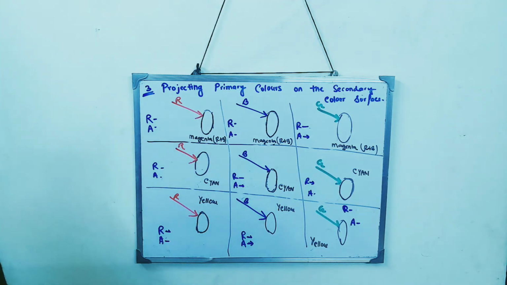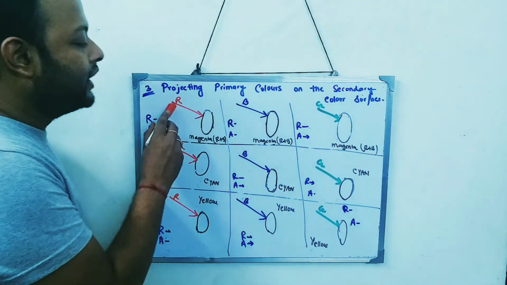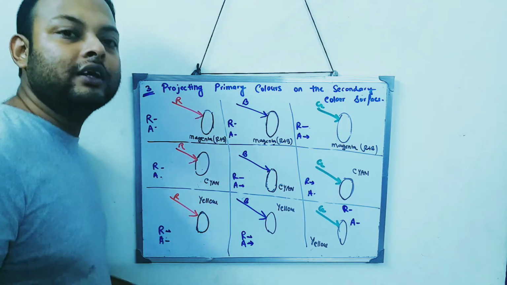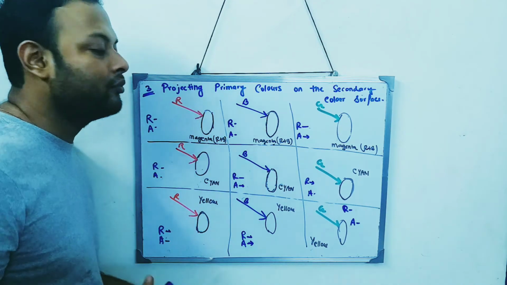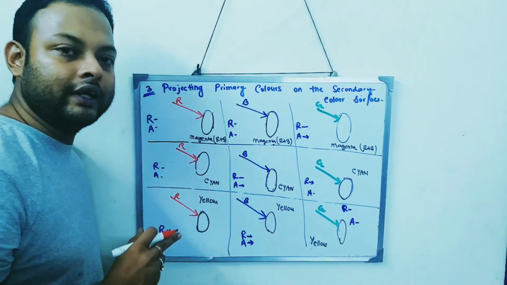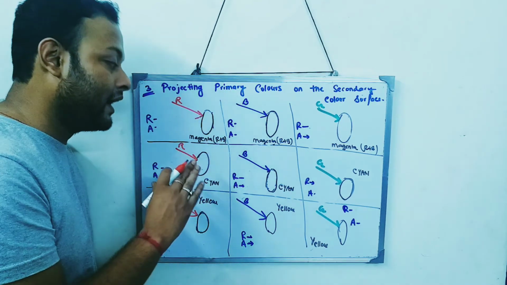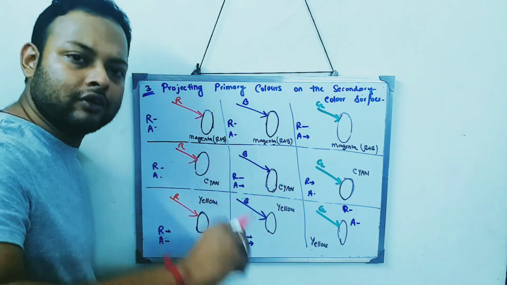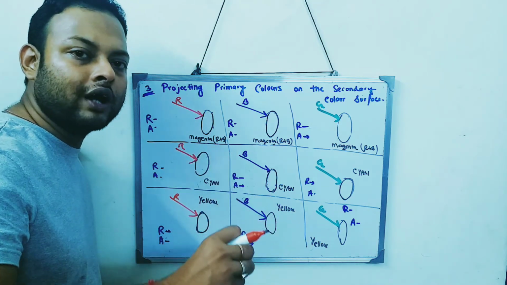See, in the first figure, red color is coming towards the magenta surface. Now, magenta is nothing but what? Combination of red and blue. So the surface says that I have a red color within me. Magenta has a combination of red and blue, means red is also a component.